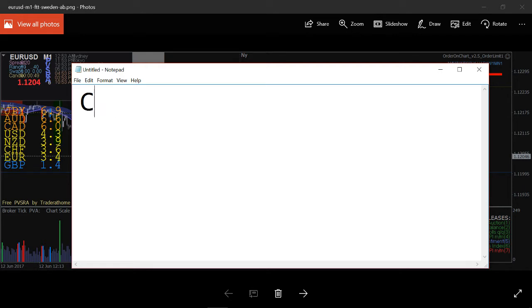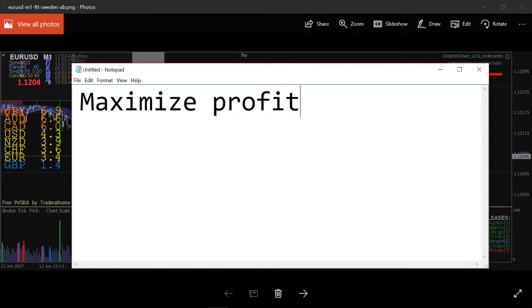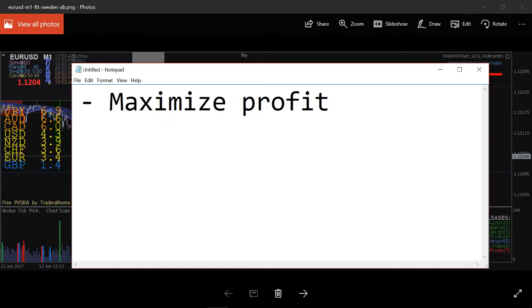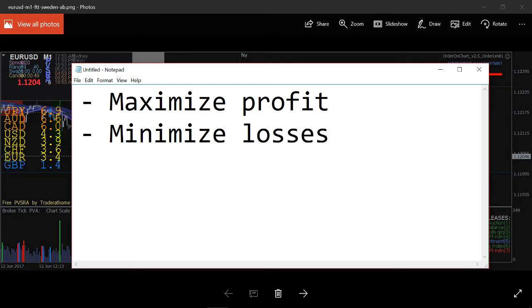You want to maximize your profit when you are correct, when the trade goes in your direction, and you want to minimize your losses when the trade goes against you.